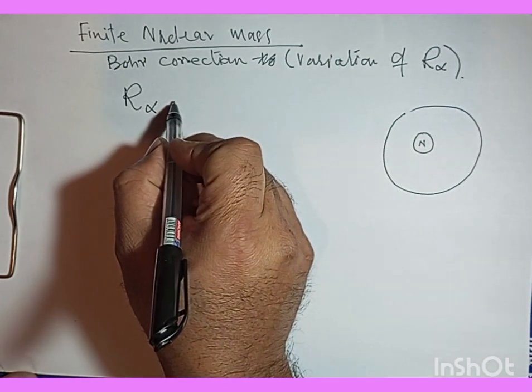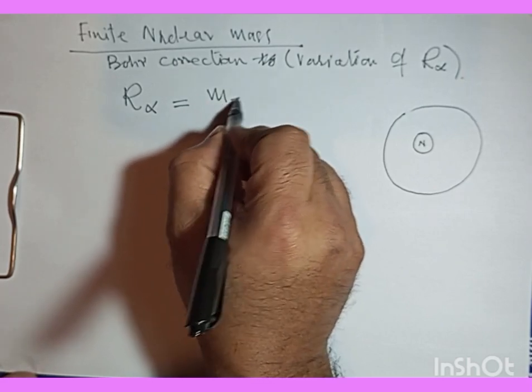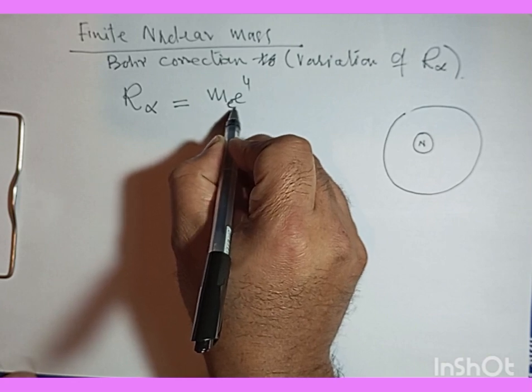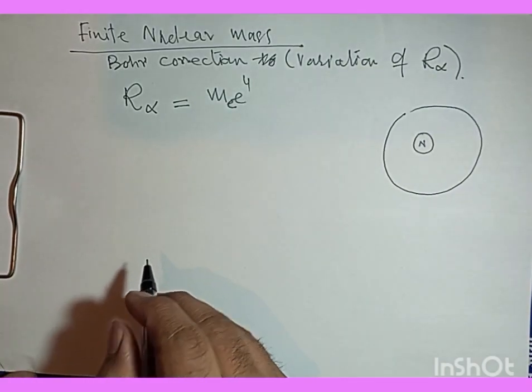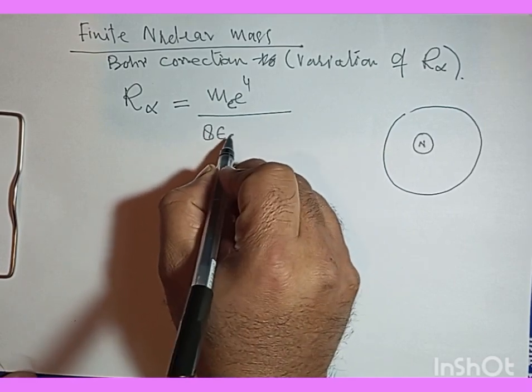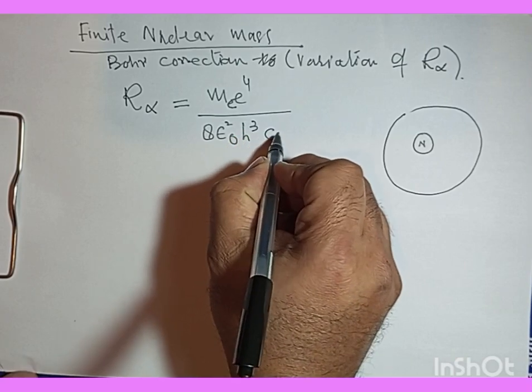So here we calculated this Rydberg constant, and it was m_e e to the power of 4. I think it would be right to introduce the subscript e here. m_e will refer to the mass of the electron, divided by 8 epsilon naught square h cube and c.